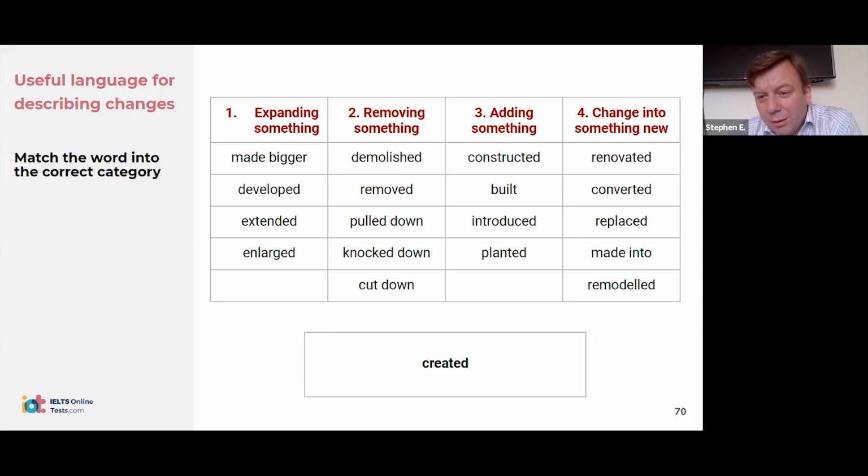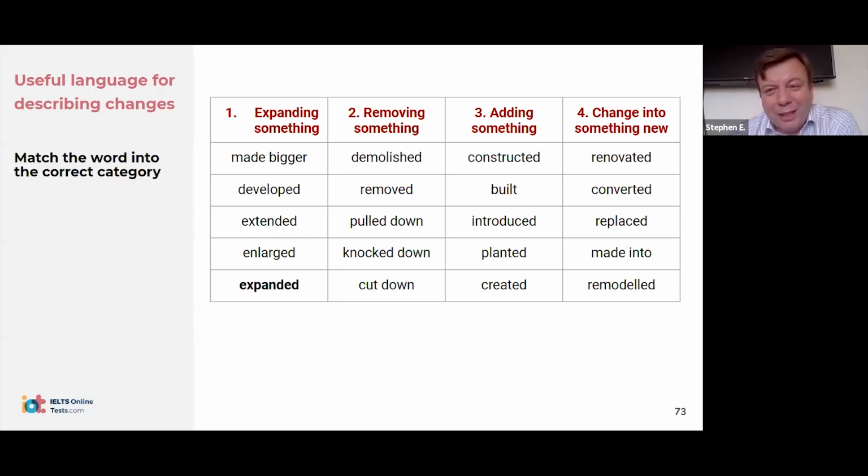Suman. Nuyen. Okay, good. Expanded. This one's obvious. Good. Okay, really good vocabulary here for describing maps and what's happened if things have been replaced or constructed or demolished. So it's a really good list of vocabulary here.